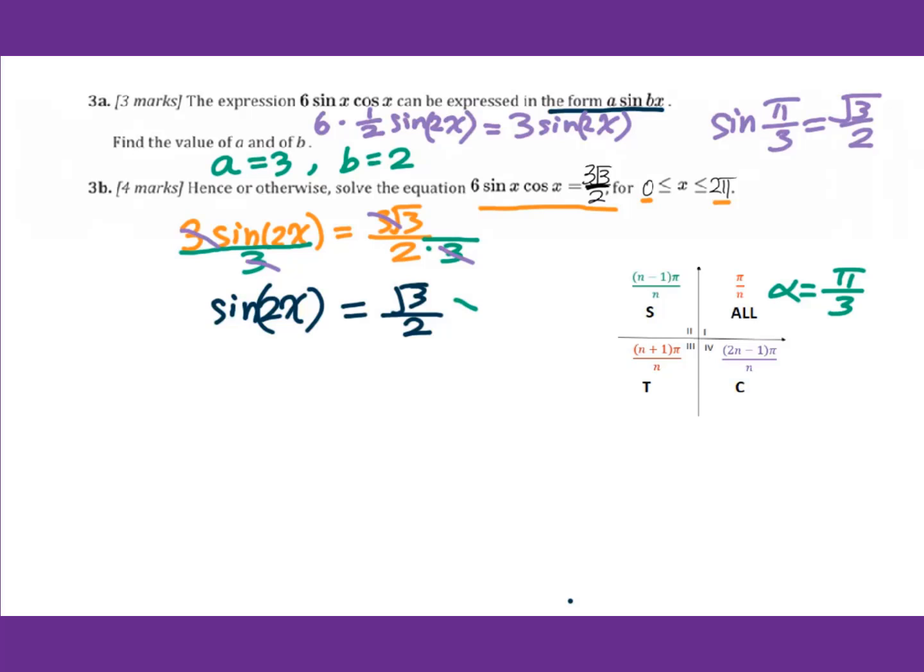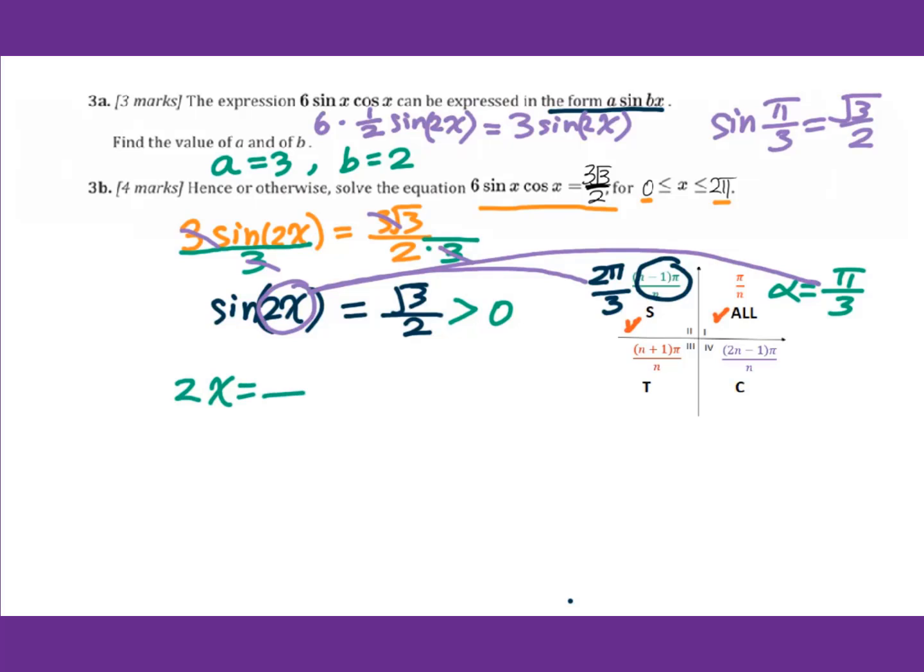Since here sin is greater than 0, therefore, the first and second quadrant. For the second quadrant, you will get 2 pi over 3 according to this formula. The angle is 2x. So we set up 2x equals pi over 3 or 2x equals 2 pi over 3.